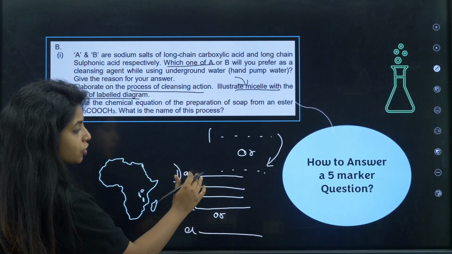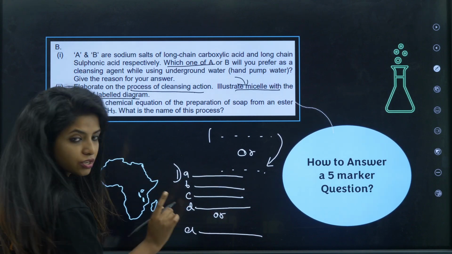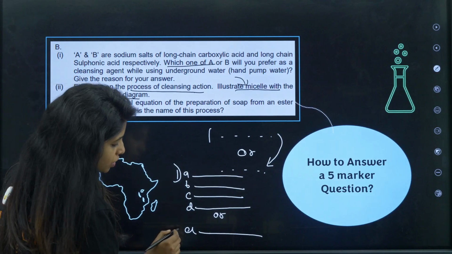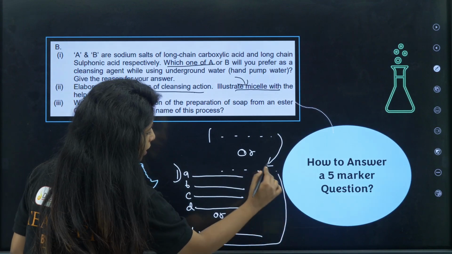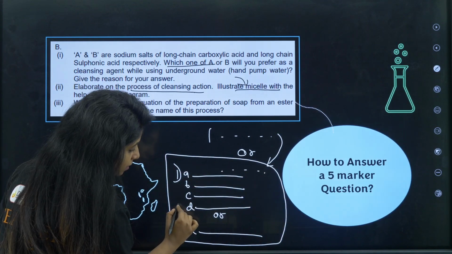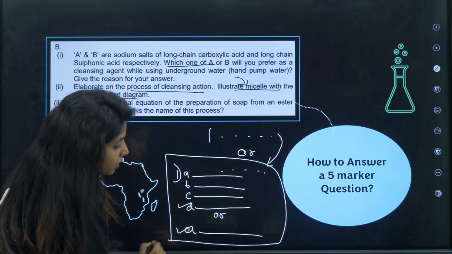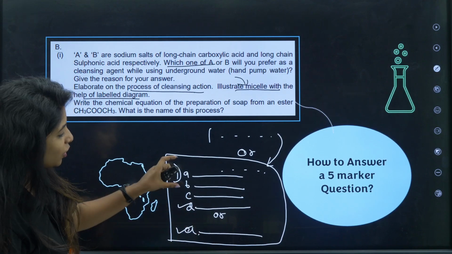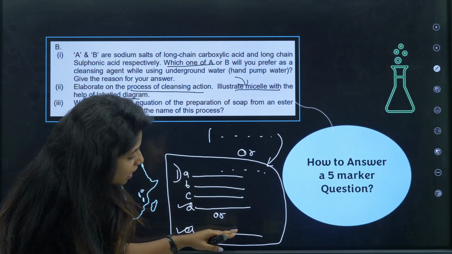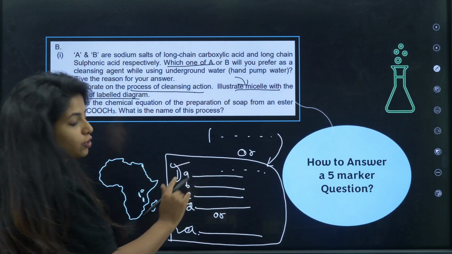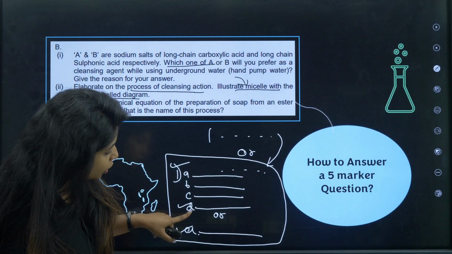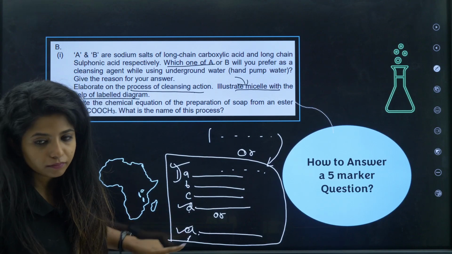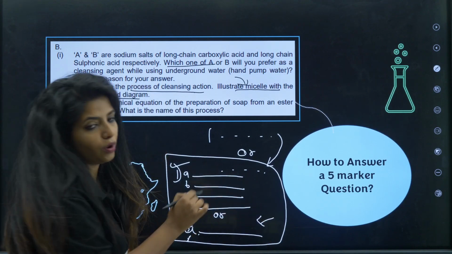That means you can attempt either this D option or that D option, not both of them. That is what they mean. It's not like you just attempt one answer and sit like you have completed the first question. No, it's not like that. For the D option only you are given a choice and you have to answer accordingly.